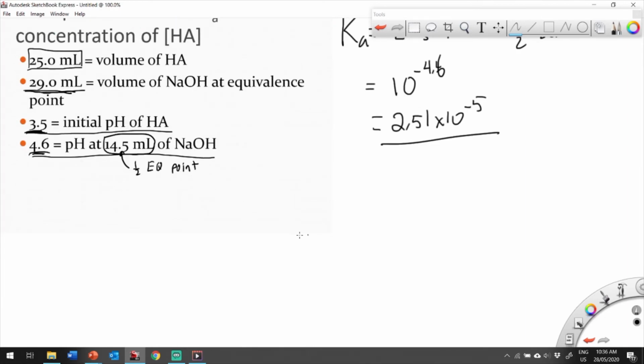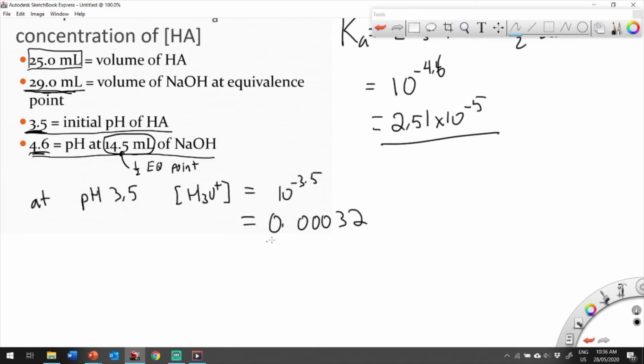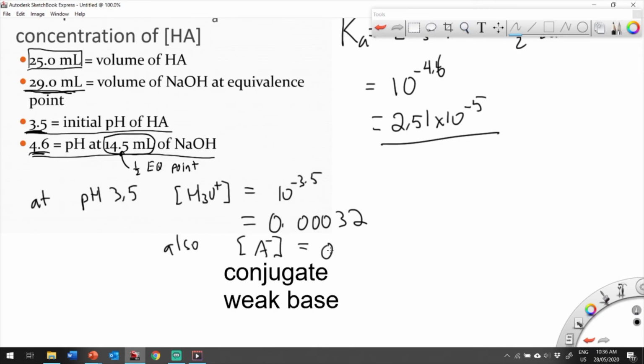I'm going to skip the Rice table a little bit because we know then that at pH 3.5, the concentration of hydronium is going to be 10 to the negative 3.5. So this is 0.00032. But we also know that the concentration of its conjugate base, A minus, is also the same because of how the Rice table works.